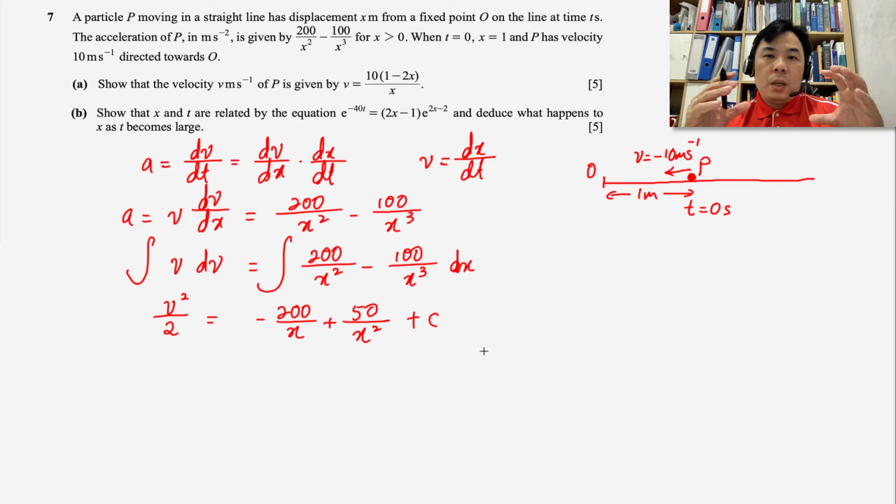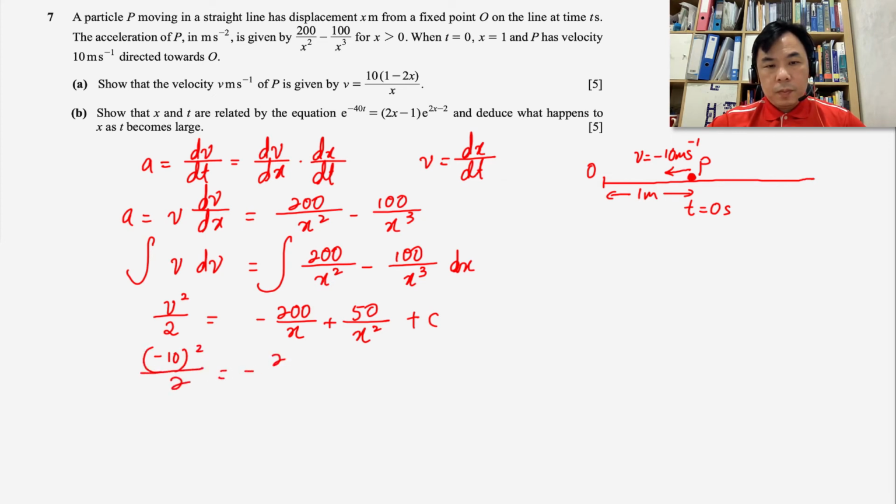Now, once you are here, we're going to make use of the initial condition. At time t equals 0, its initial displacement from the origin is 1 meter, and then velocity is negative 10. All I need to do is just substitute all this. And then from here it is pretty obvious that we have c equal to 200.